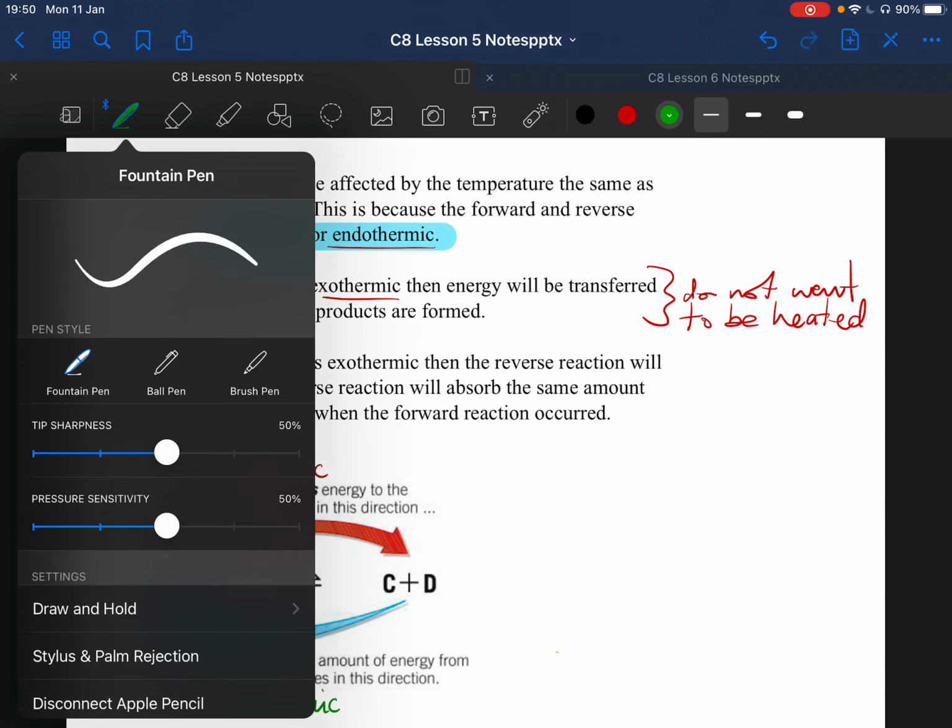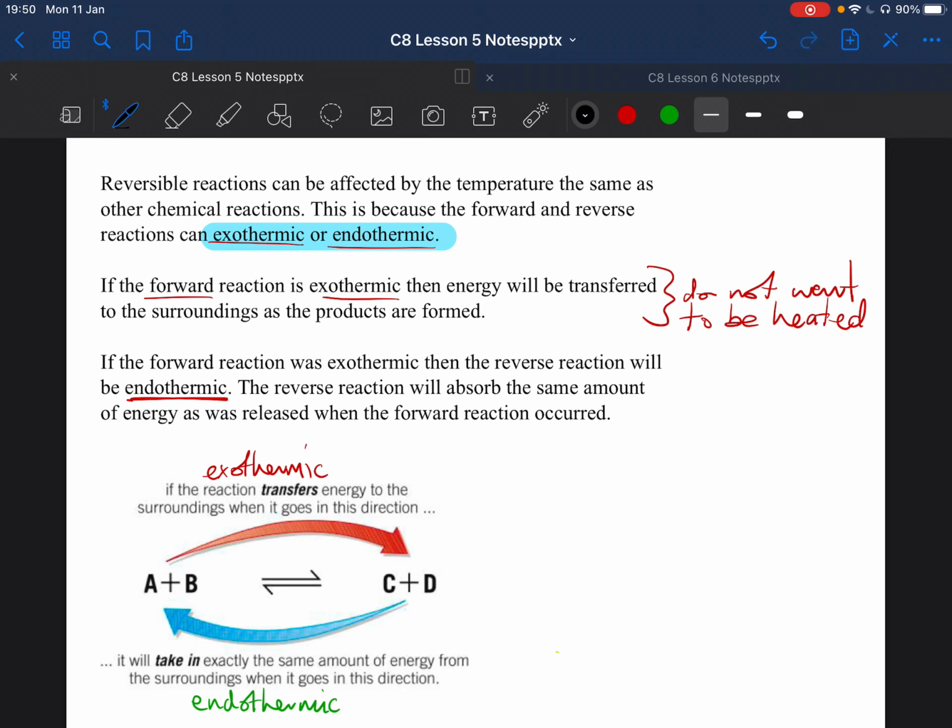So if you were to look at this again, if you have your exothermic reaction going in this direction and it released, say, 25 kilojoules of energy, at the same time you will have your endothermic reaction going in this direction, and it will take in 25 kilojoules of energy.